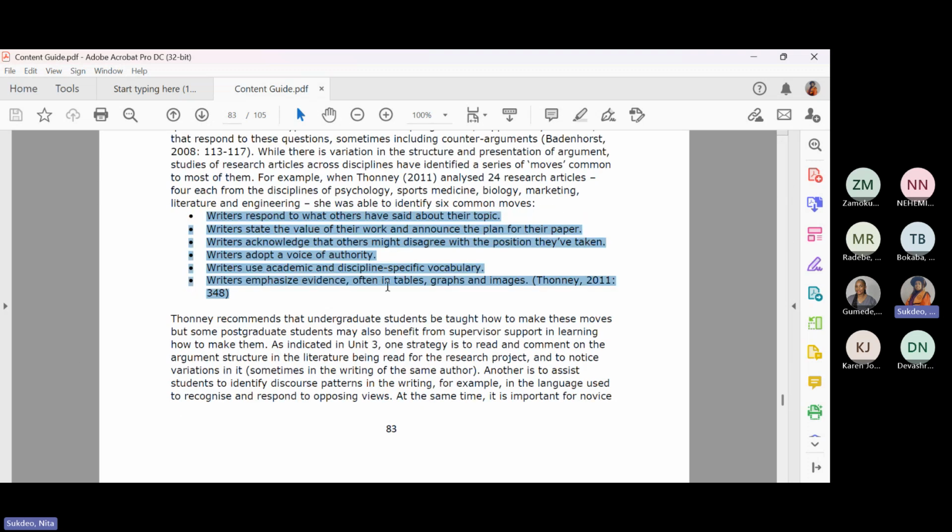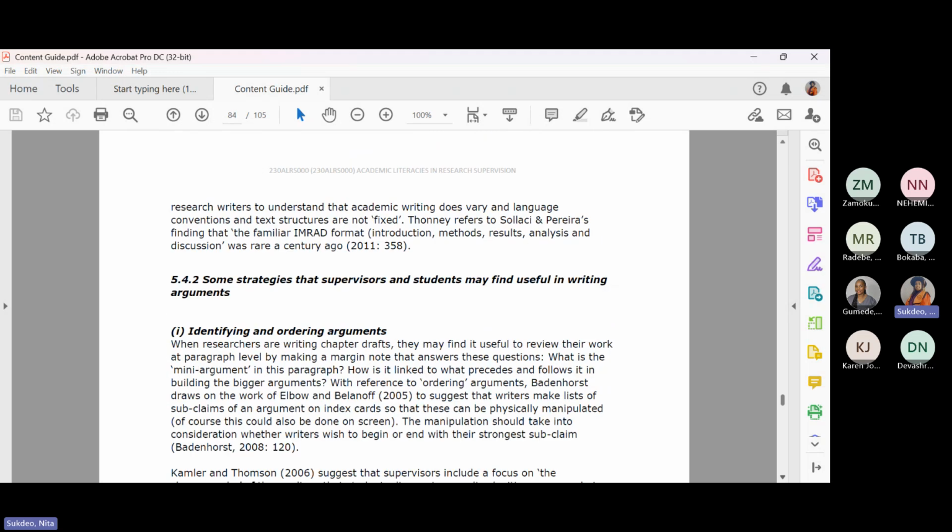And it's not only the written word; some students, and even you as researchers, would use tables, graphs and images to make it more visually representative. Instead of writing something, you can tabulate it so that a diagram or a table explains a bit more of what you are trying to express. It doesn't always have to be a narrative.